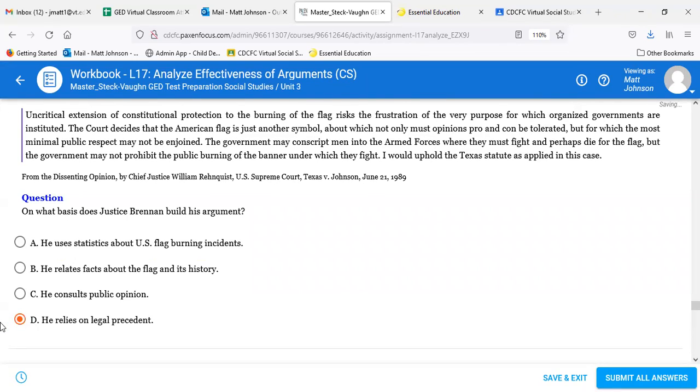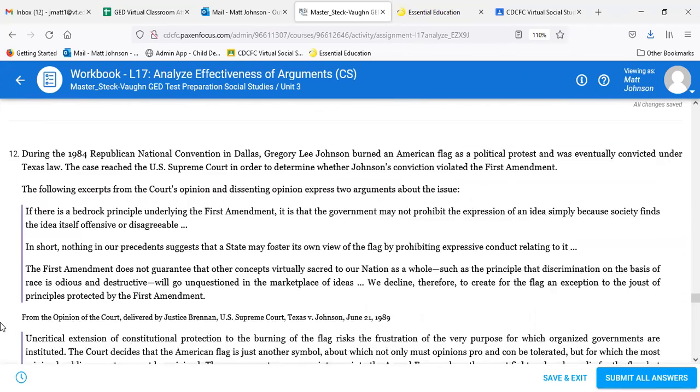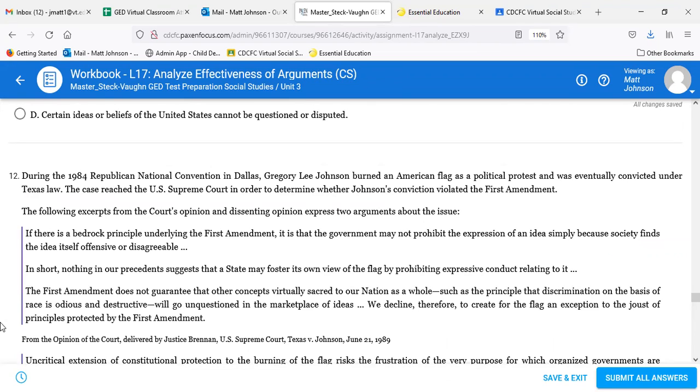D, as in dog. He relies on legal precedent. Yeah, so if there's a legal precedent, it means there's been a ruling by the court prior to this one that they can look at. That will help inform them in big landmark cases. If we set a precedent for the court, they'll talk about that.